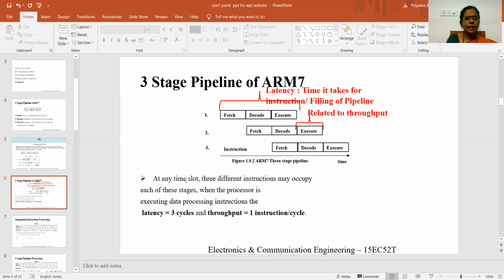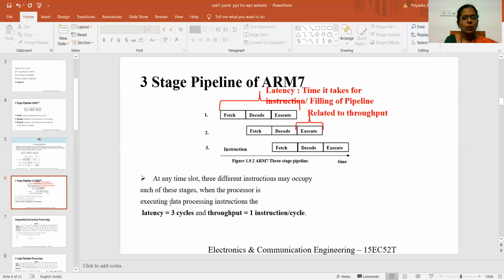So at any time slot, 3 different instructions may occupy each of these stages when the processor is executing data processing instructions. For these data processing instructions, the latency period is 3 cycles. What is latency? The time required to fill the pipeline. How much time is required? 3 clock cycles are required. So the latency is 3 clock cycles.